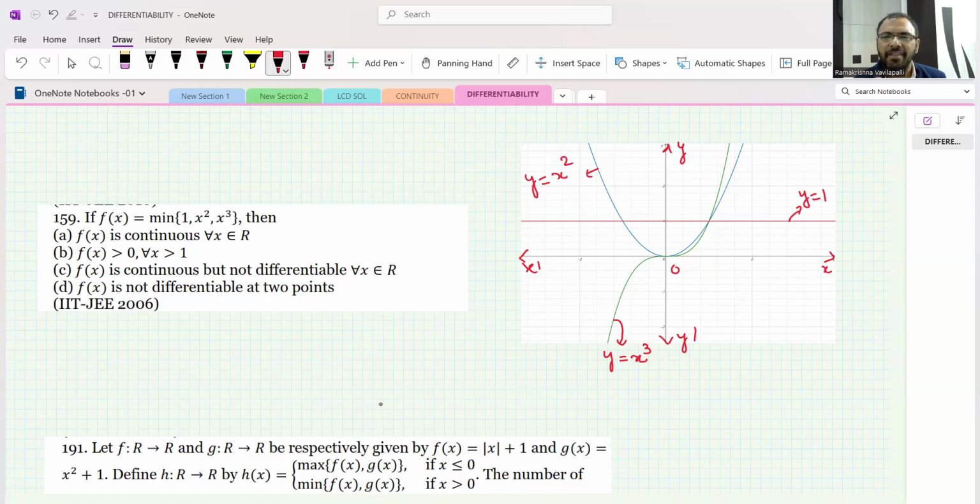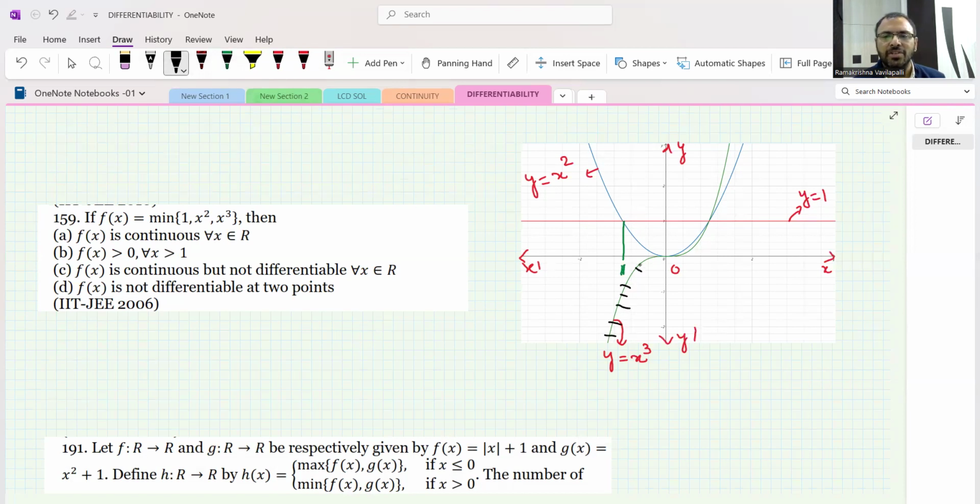We want the maximum graph or the minimum graph. We have three graphs for less than this point of intersection. What is this point of intersection? It is 1; you just substitute y equal to 1 in x square and x cube. For less than 0, we have that this is the minimum graph.